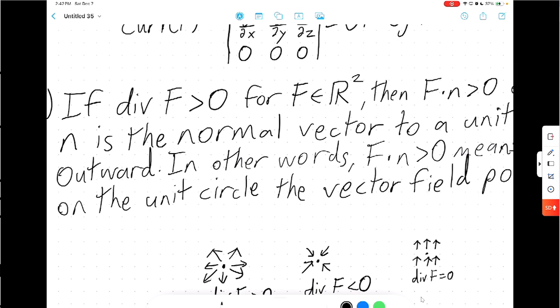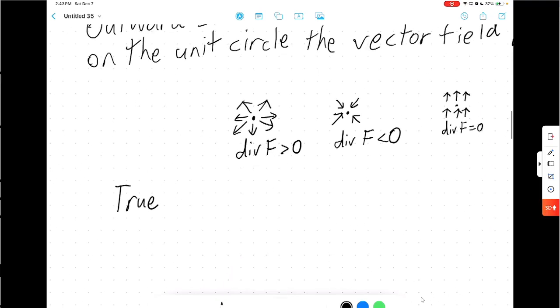Not the f dot n, before that. Look at the condition. It says if div f is bigger than 0 for f in R2, contained in all of R squared. So it's going everywhere. So it is actually everywhere in this case.